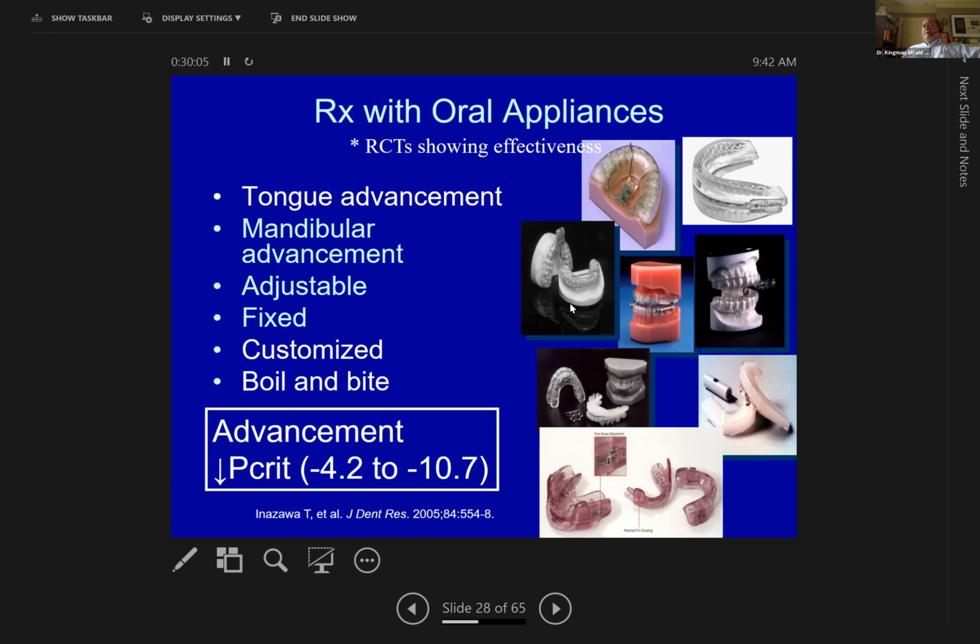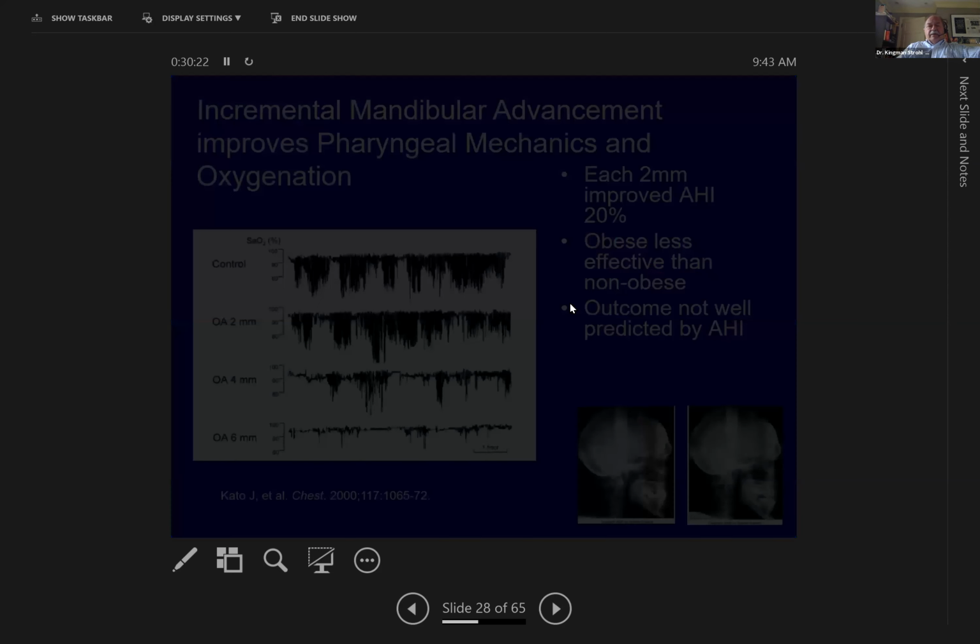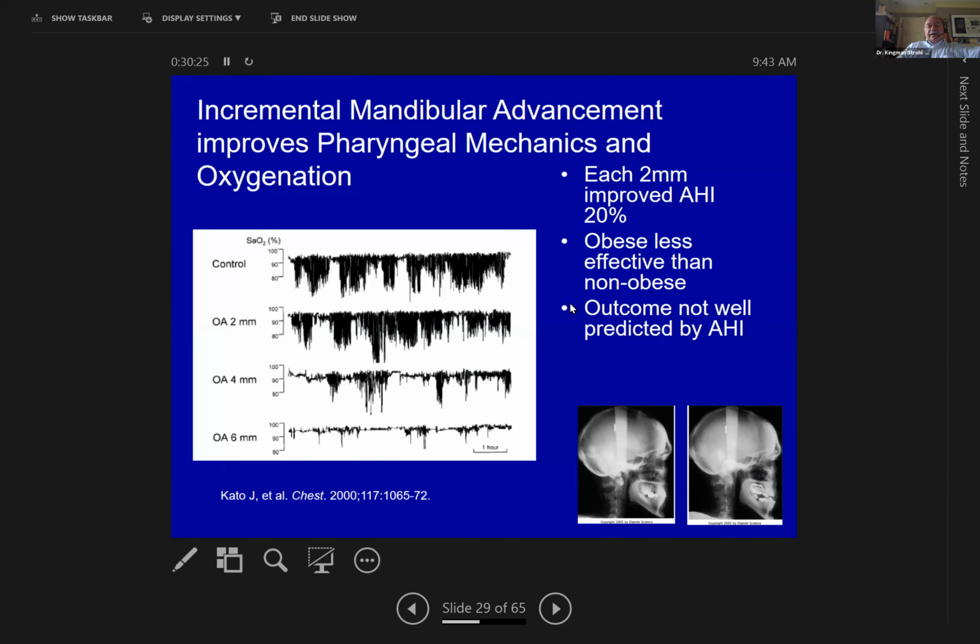But it's the purpose of the oral appliance. It may or may not increase muscle activity. There's one study that suggests it increases upper airway muscle activity because it changes the proprioception of the upper airway. And incrementally, you can do it: the control, and then the oral appliance goes forward 2 millimeters, 4 millimeters, 6 millimeters.